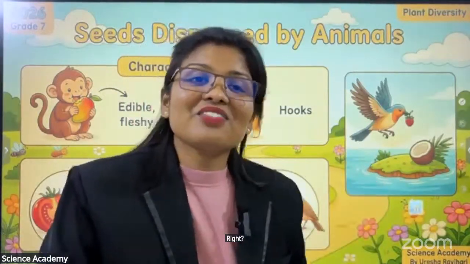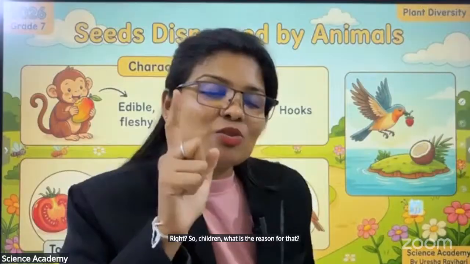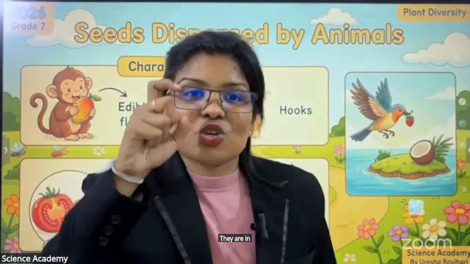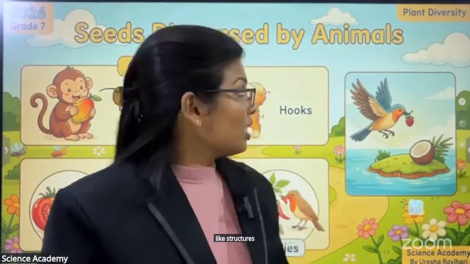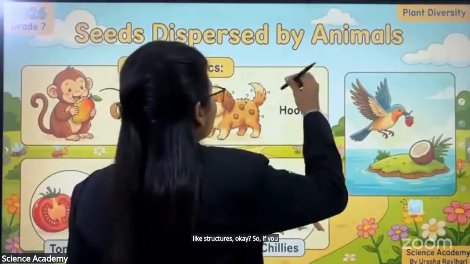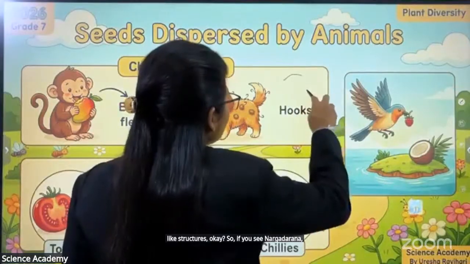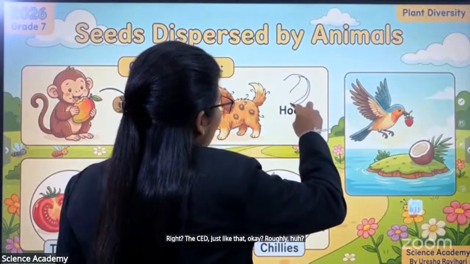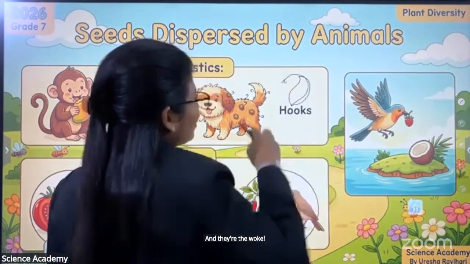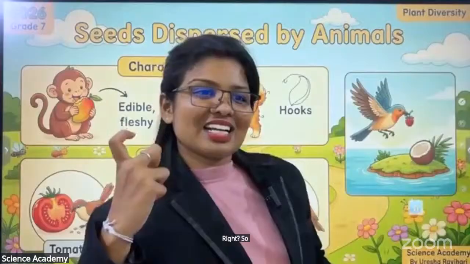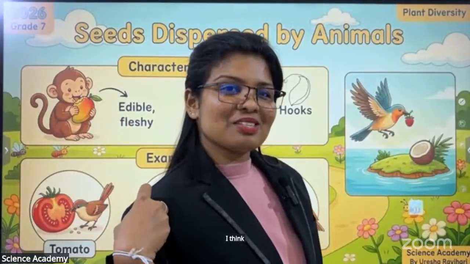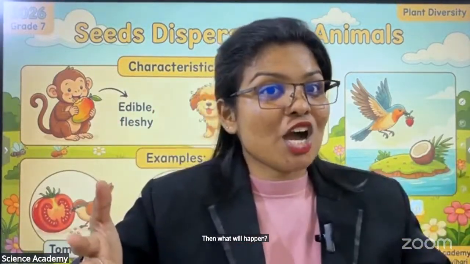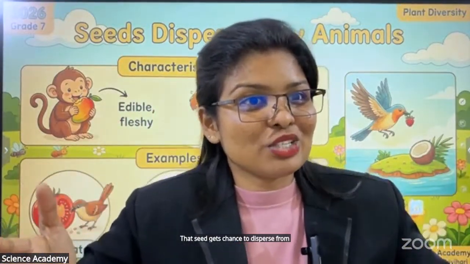What is the reason for that? These seeds bear hook-like structures. If you see Nagadarana, the seed is roughly like that, and there is a hook. These hooks cling to the animal body, so the seed gets a chance to disperse from one place to another.